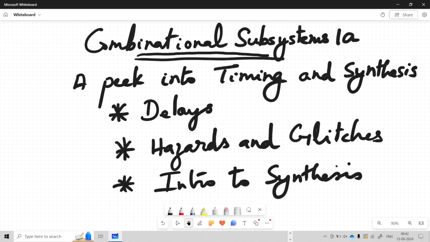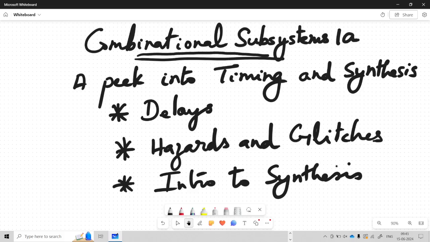Now, why this detour? Even though we know that behavioral modeling significantly reduces the design effort of digital subsystems, it is always important to know how your model will eventually synthesize into digital hardware.